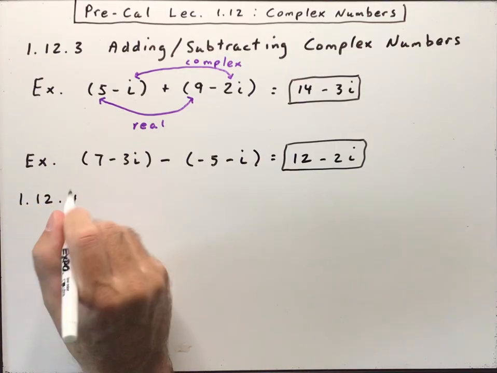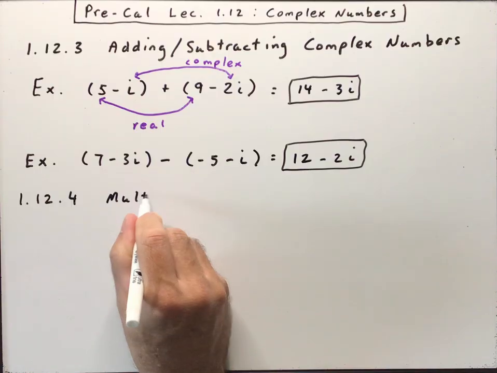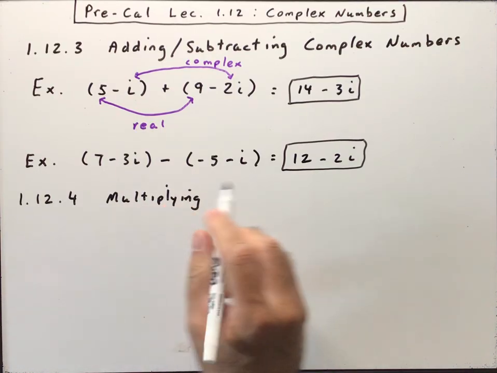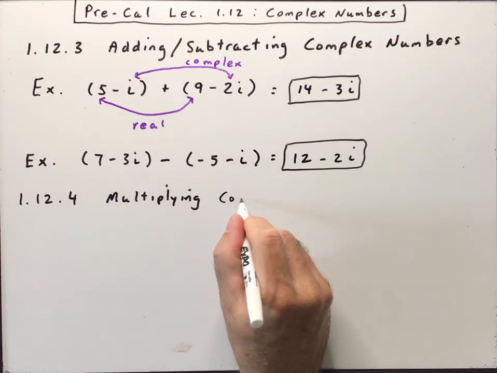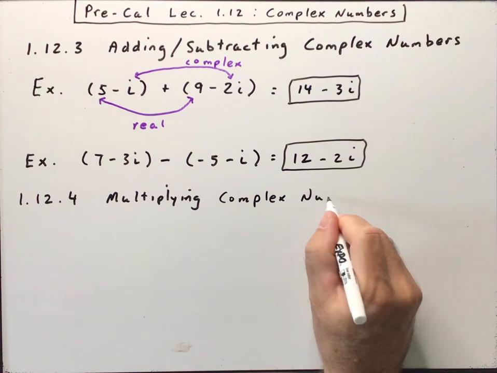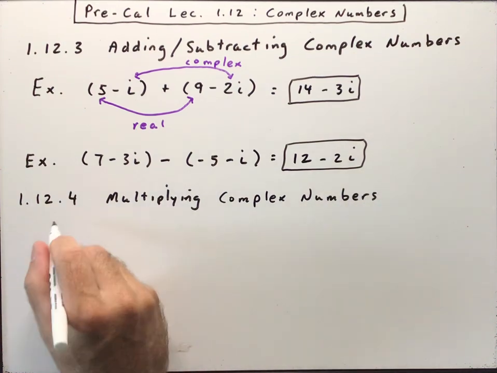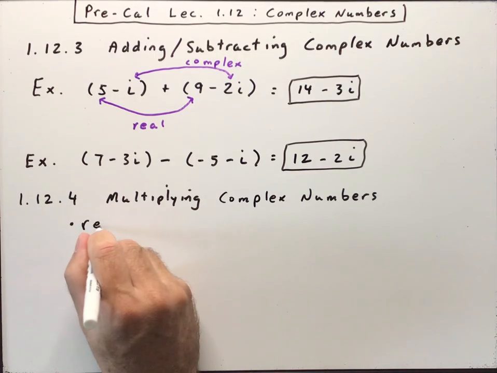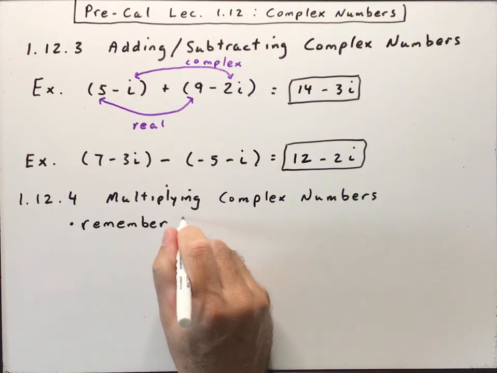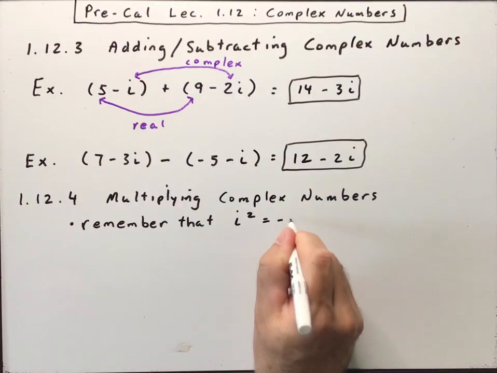1.12.4 is multiplying complex numbers. Okay, so we just need to remember that i squared is equal to -1.